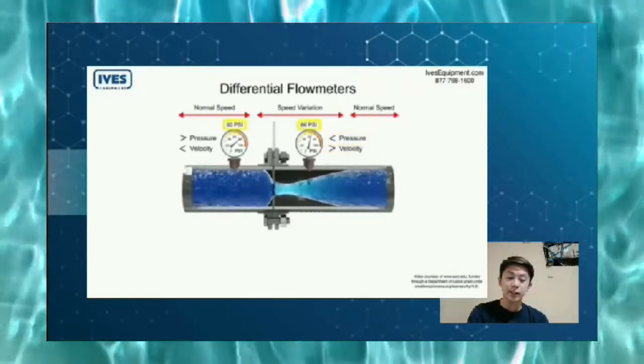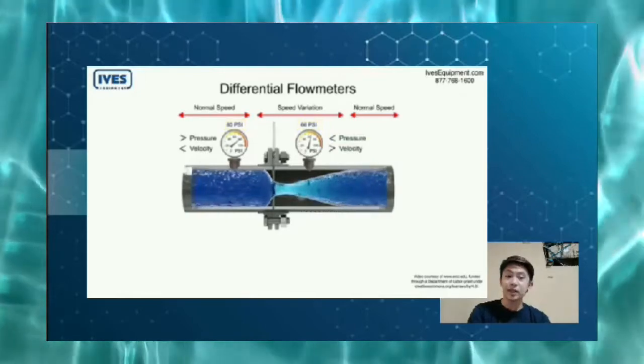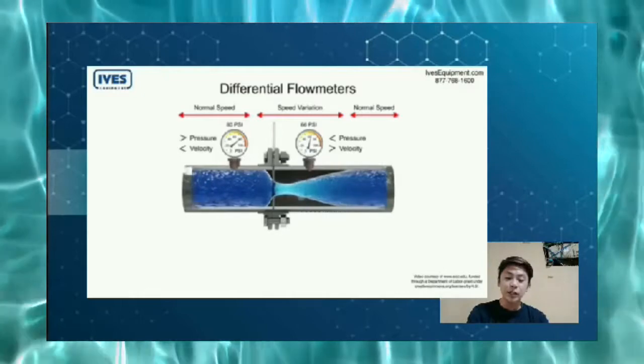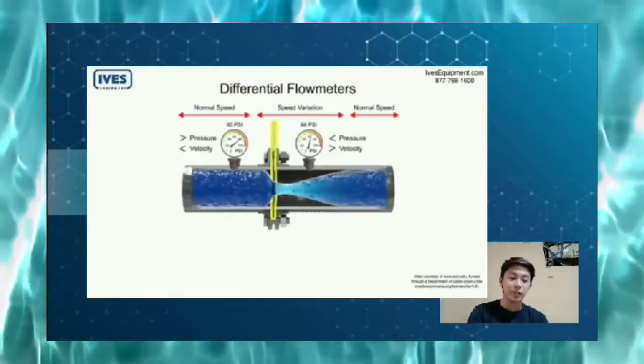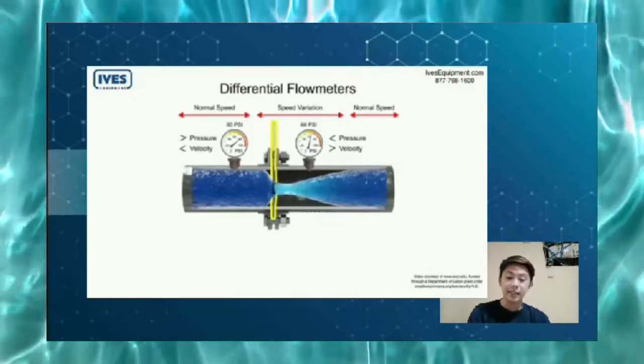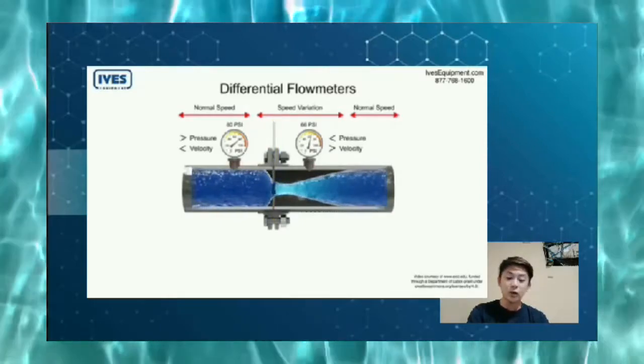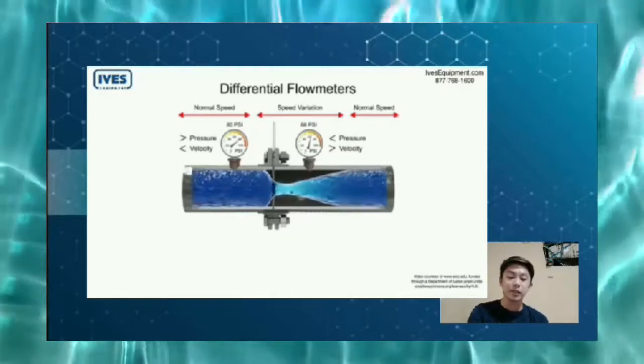There is back pressure on the incoming side due to the restriction of the flow created by the orifice plate. So the pressure of the fluid at the downstream side of the orifice plate is less than the incoming side due to the accelerated flow, with a known differential pressure and velocity of the fluid.